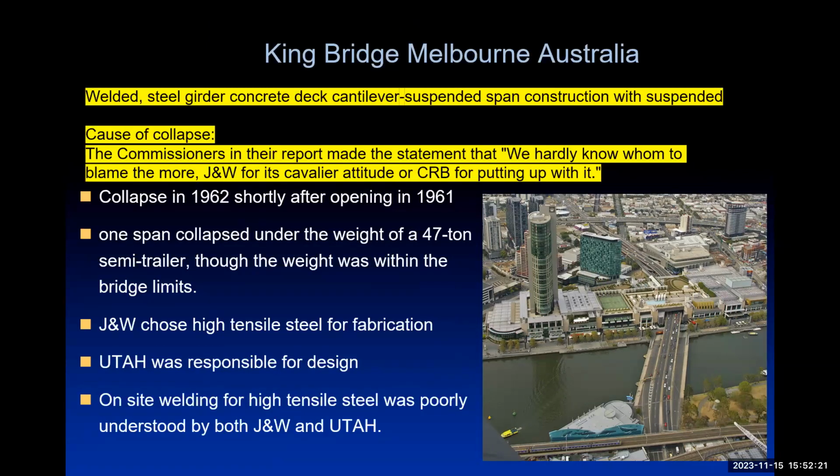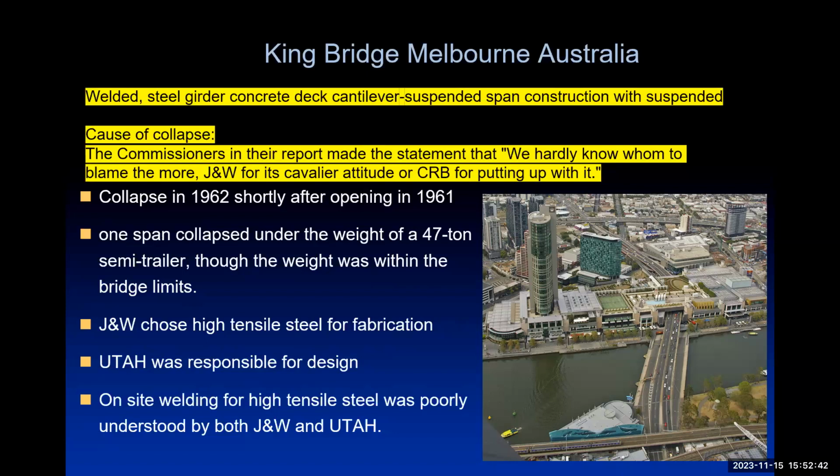And then there is the King Street Bridge in Melbourne, Australia. The collapse occurred in 1962. Once again, very close to that change in wind engineering, although that was not the major problem in this particular case.